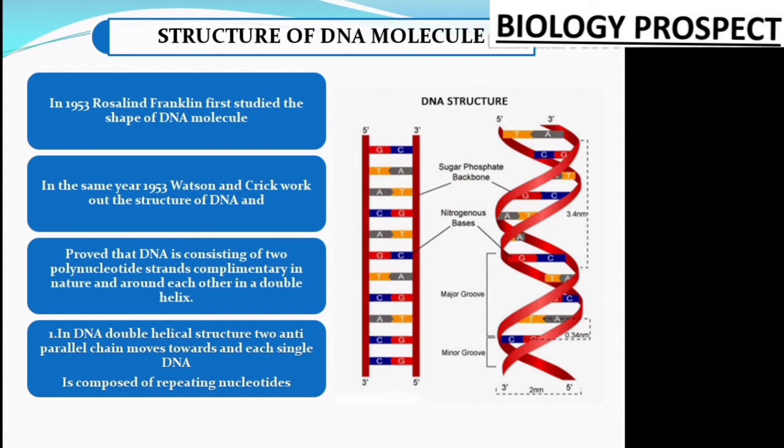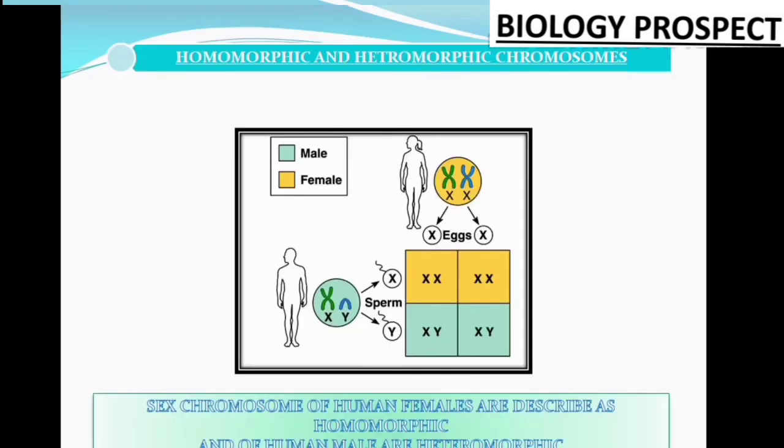The last topic we discussed in this chapter is the sex chromosome and the autosome, and here I explained the homomorphic and heteromorphic chromosomes. As humans, we have 23 pairs of chromosomes. Among these, the first 22 pairs are responsible for somatic changes, the autosomal part.